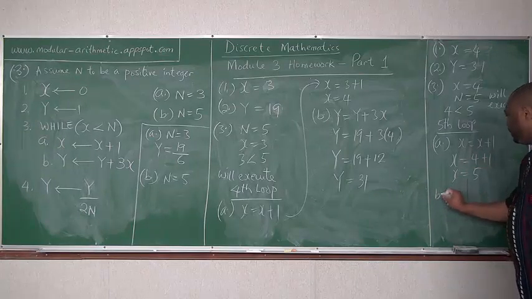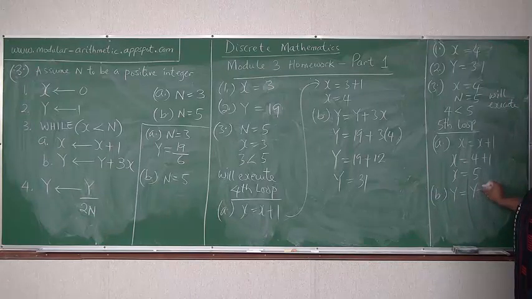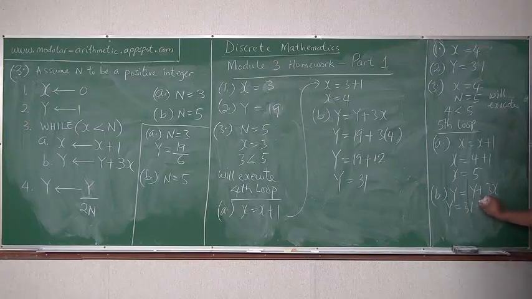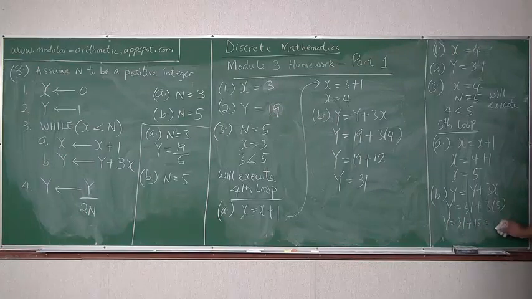Then B, our y would be y plus 3x, and y is 31 plus 3 times 5. So y is 31 plus 15, and that will give us 46.